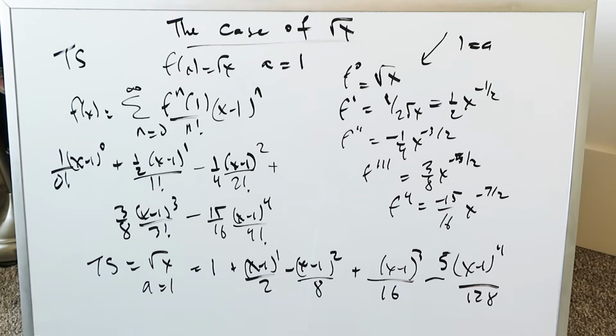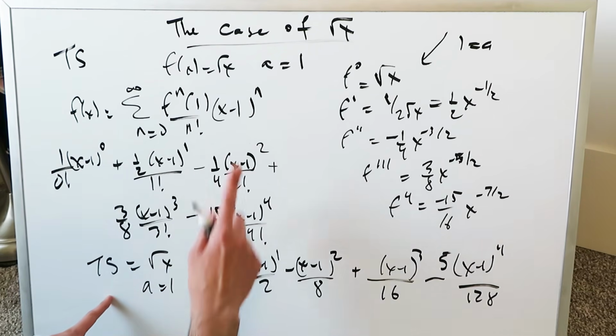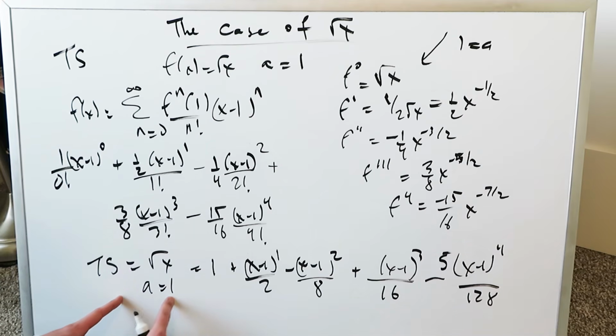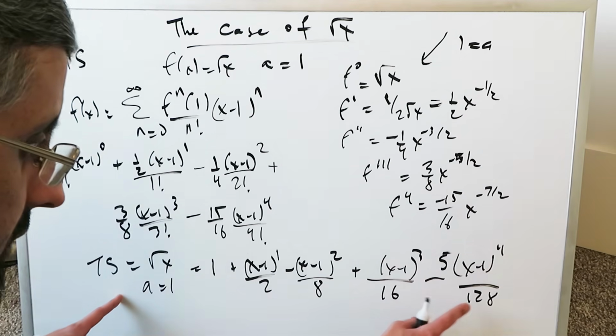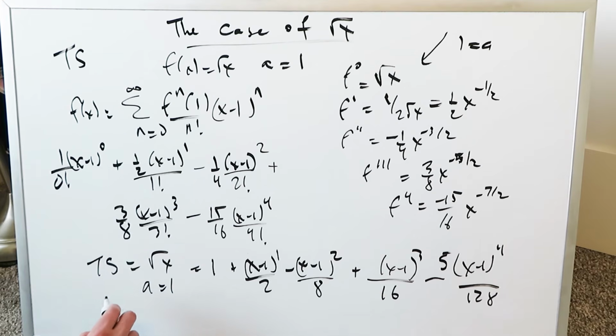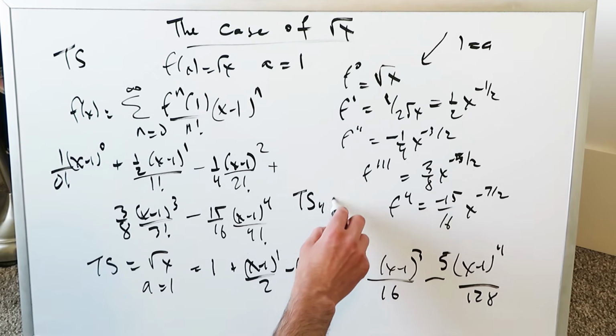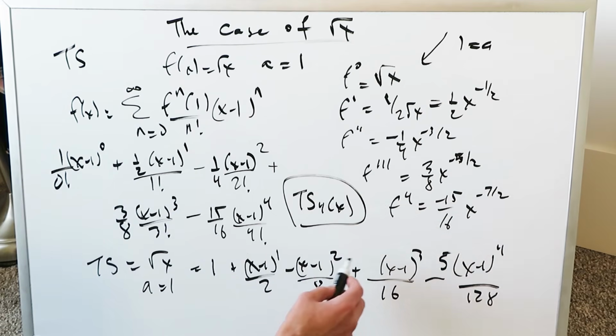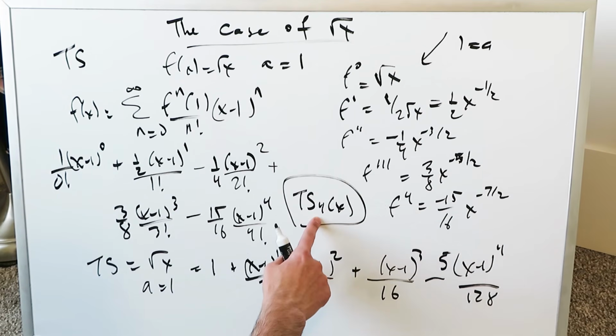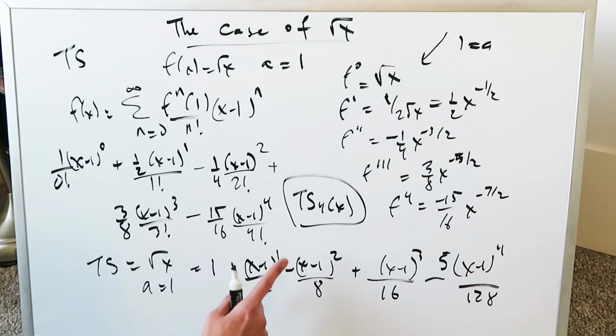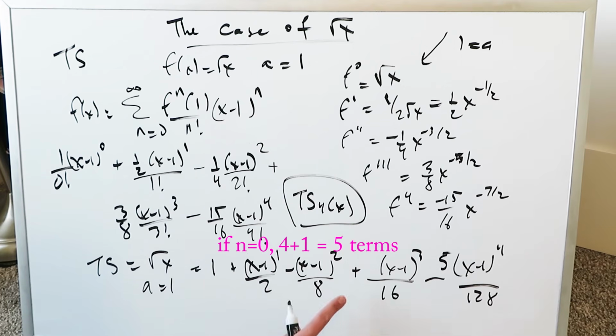So we're good. This right here represents your Taylor series polynomial for root x, centered around a equals 1: 1, 2, 3, 4, 5 terms, but going up to n equals 4. So this here represents your Taylor series polynomial for root x, n equals 4, because it's always n plus 1 terms. We have 5 terms, but we're going n equals 4.